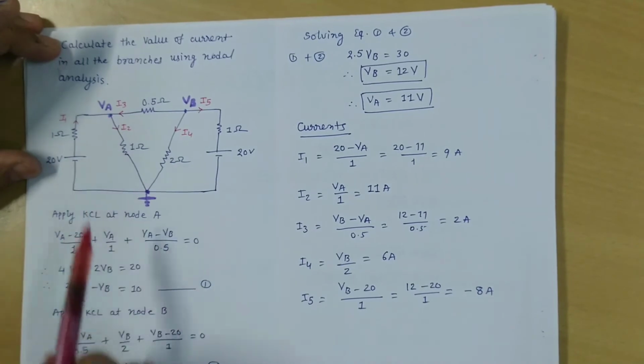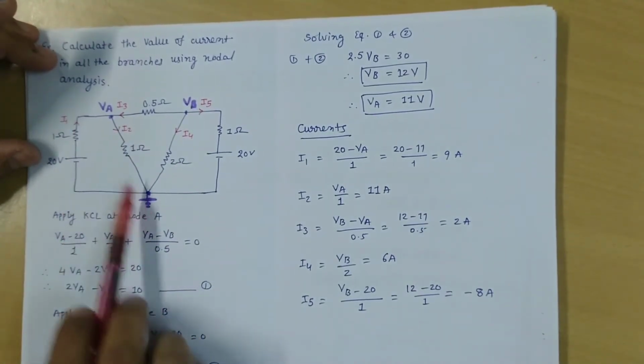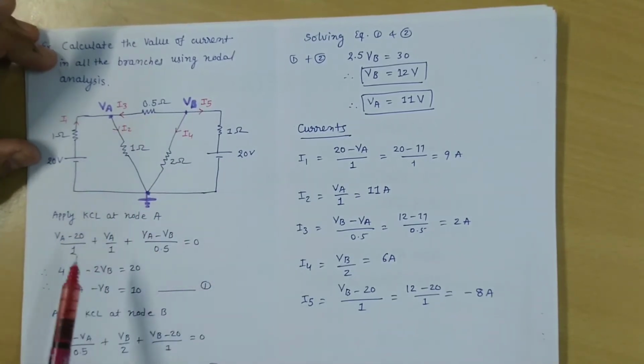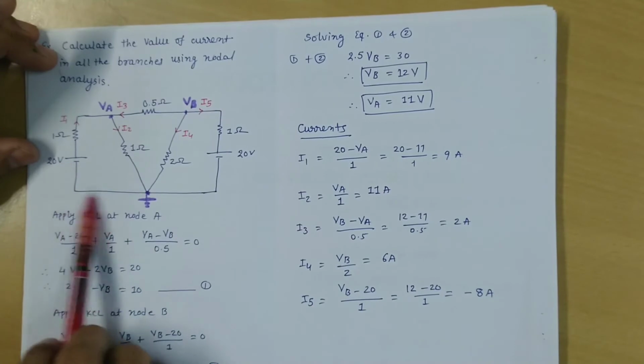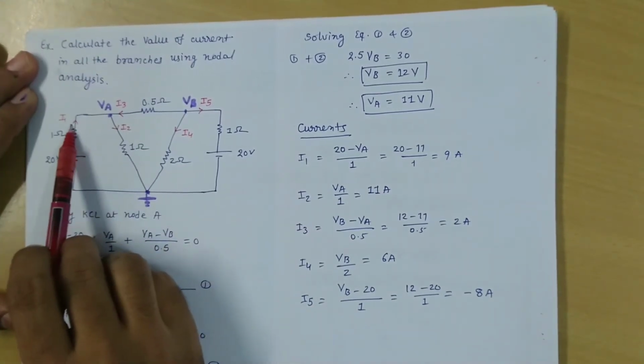If we apply KCL at node A, we will take the current in this branch, the current in this branch and the current in this branch. For this branch, we have the direction of current like this.